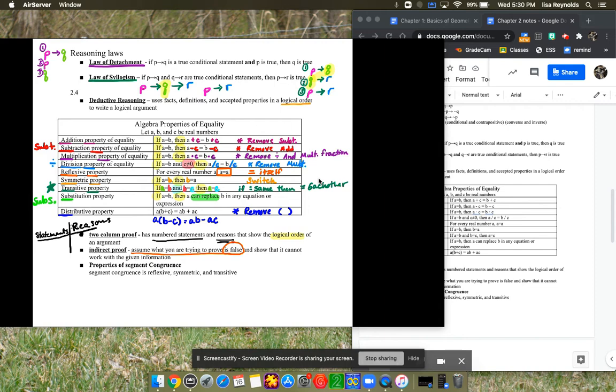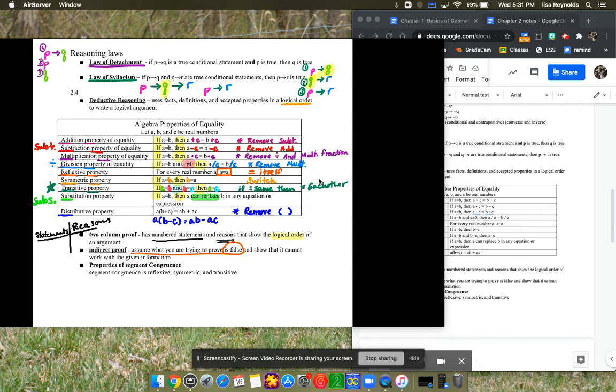We're not going to do any indirect proofs in geometry. You do need to realize you're going to have a question here and there about how you should start one. So if you were to start an indirect proof, your very first step is to assume what you're trying to prove is false.